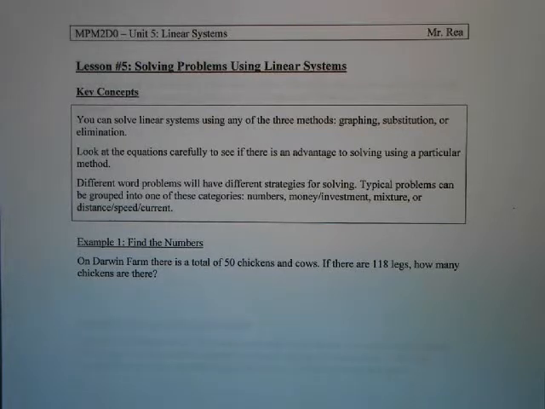These word problems are exactly what it says, word problems, just some sentences with some information. So you actually have to create the linear system by yourself, and in order to do that, you have to define your two variables. Those are going to be let statements.